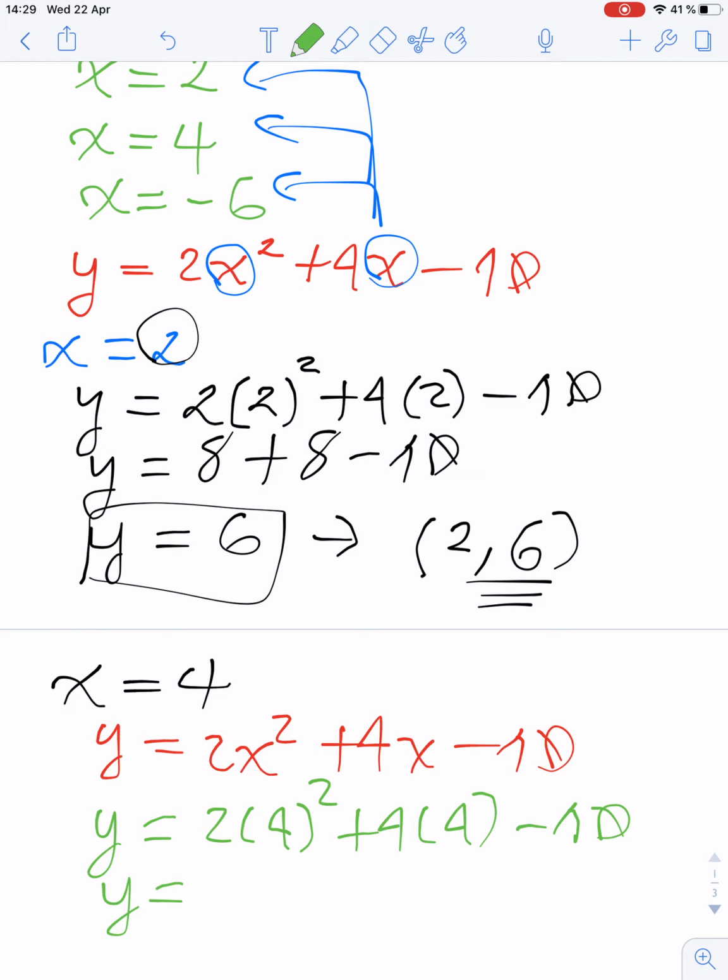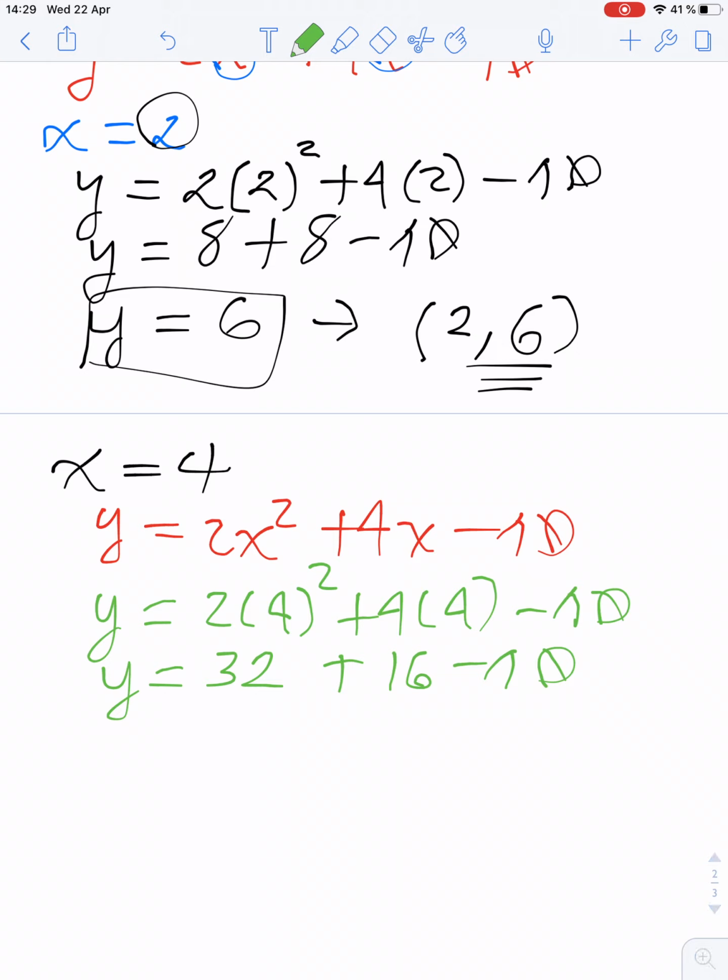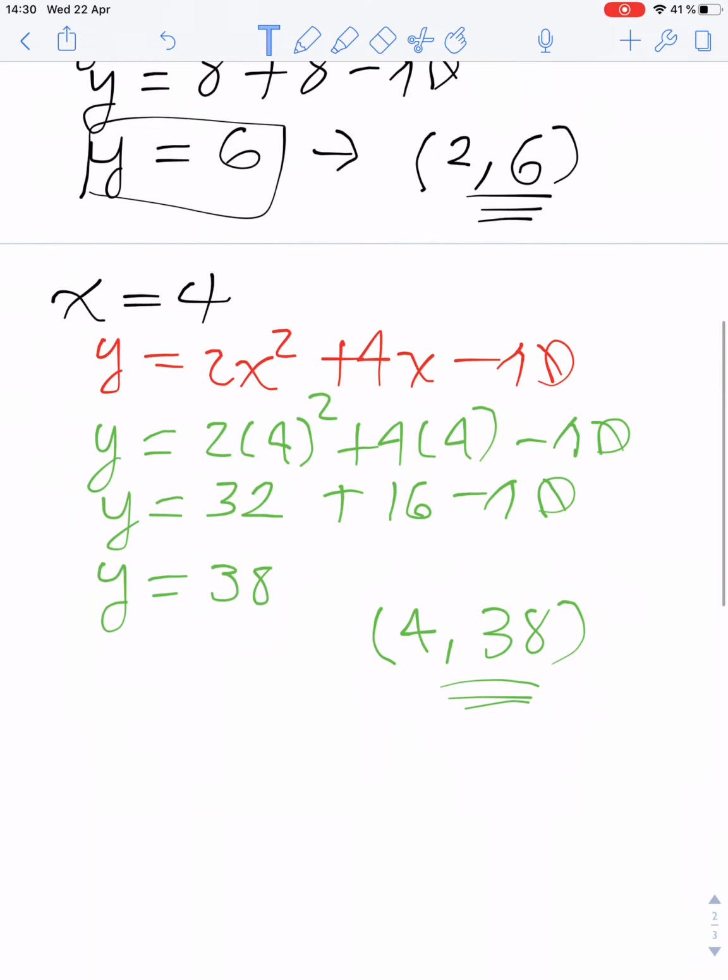Doing the operations, 4 to the power of 2 is 16, times 2 is 32, plus 4 times 4 is 16, minus 10. The final value for y is 38. Now the new coordinate when x is 4 has y equal to 38. Now we have two new coordinates from the curve.